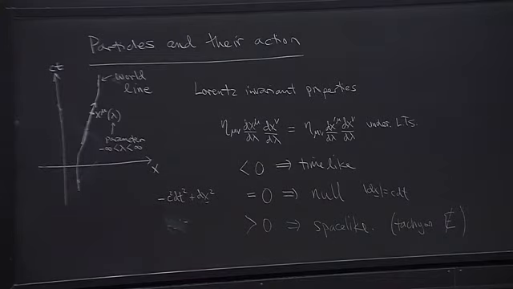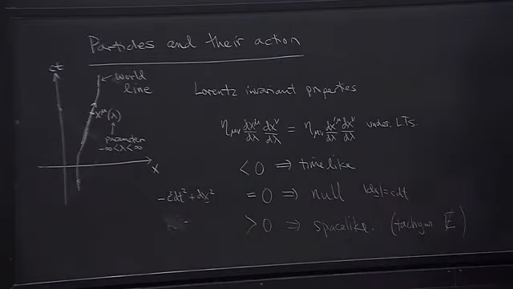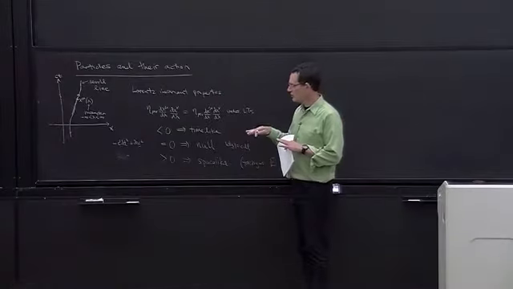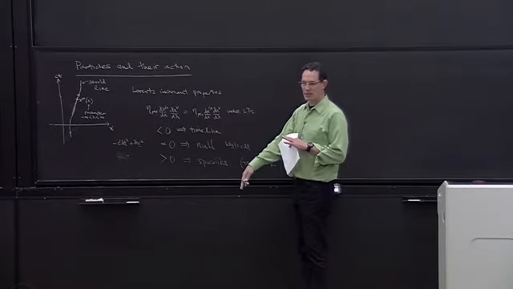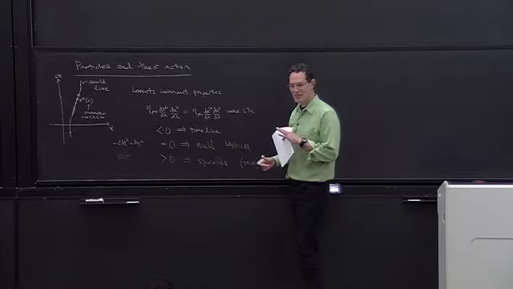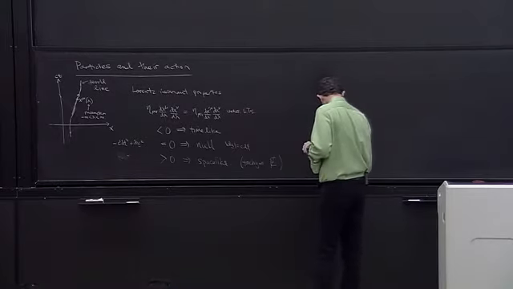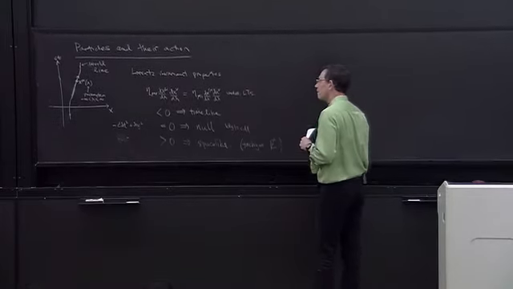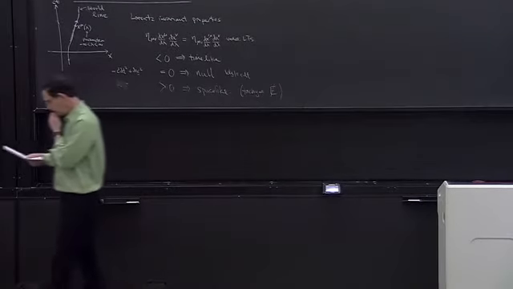For some reason, all particles we know are either null or time-like. In fact, you'll find a big literature on tachyons, and people argue that if you could have a tachyon, you could travel backwards in time, and then you could kill your parents or do something equally paradoxical. So tachyons don't seem to exist, though we don't quite know why.